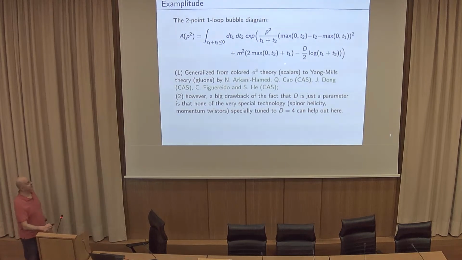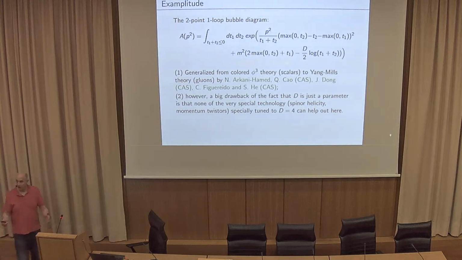The fact that D is just an overall parameter has some advantages and some disadvantages. It has an advantage that if you have an amplitude with divergences, whether ultraviolet or infrared, you can use dimensional regularization because D is just a parameter. However, it has a big disadvantage.